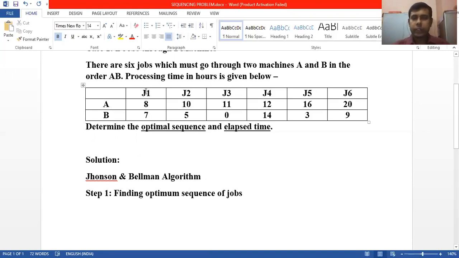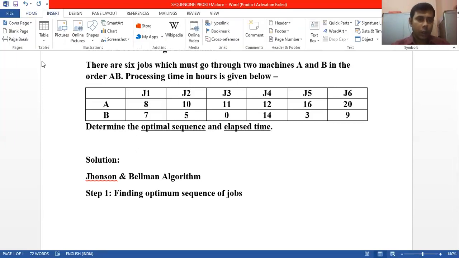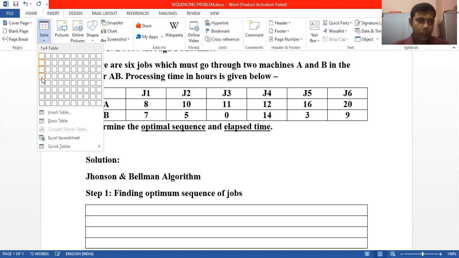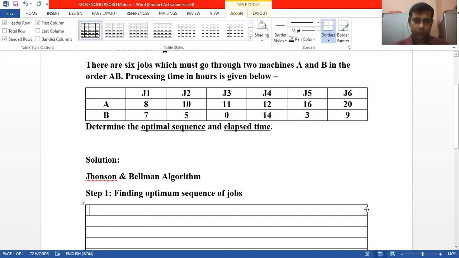There are 6 jobs, 1, 2, 3, 4, 5, 6. So I am drawing a table of 6 columns, 7 rows. Now let me take only 6 rows. 7 rows are not required.